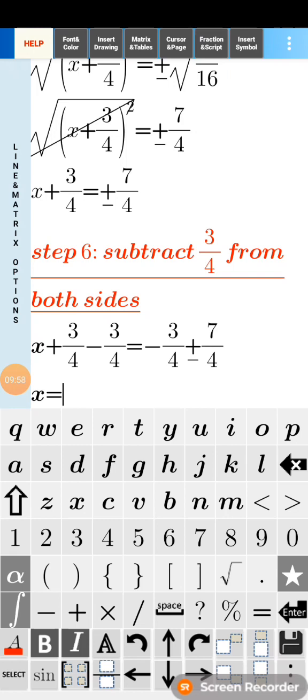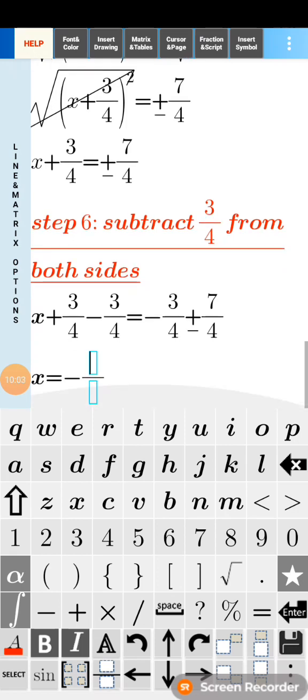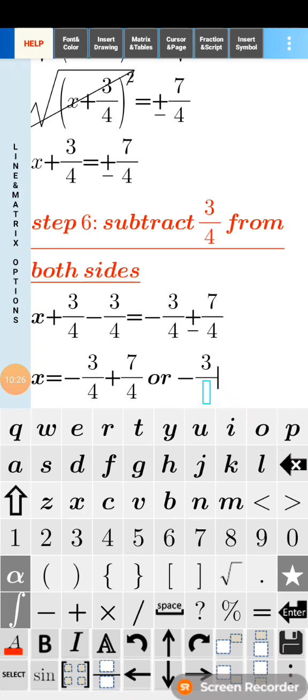I said plus or minus, so I have to open it to make it plain, which is minus 3 over 4 plus 7 over 4, or minus 3 over 4 minus 7 over 4.